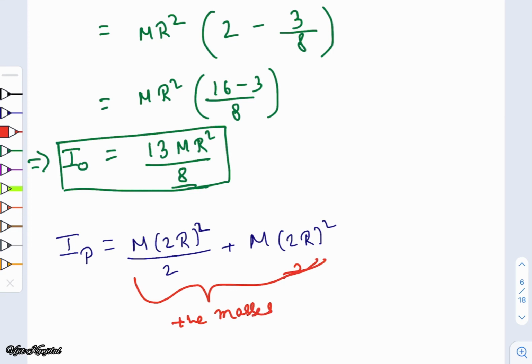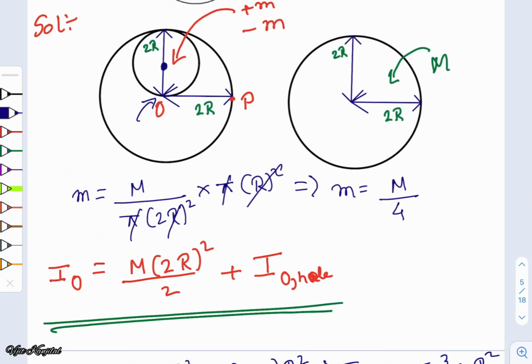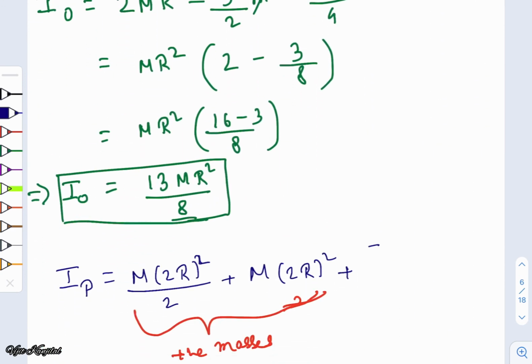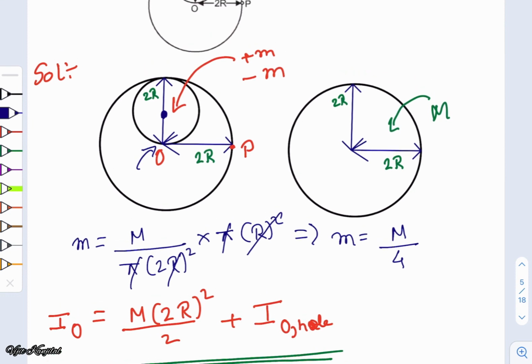So now let us calculate the moment of inertia due to negative masses. So it would be simply plus, what is the moment of inertia of this particular disk made up of negative mass with respect to point P? It would be simply minus m r squared by 2 plus, let us apply the parallel axis theorem.